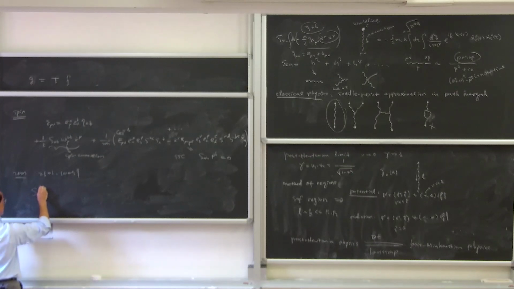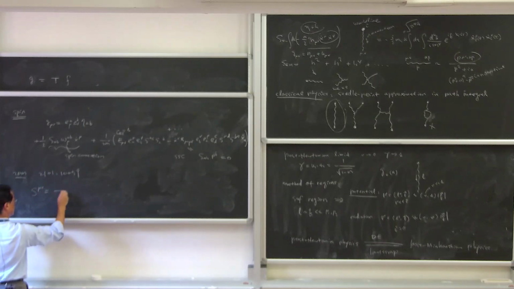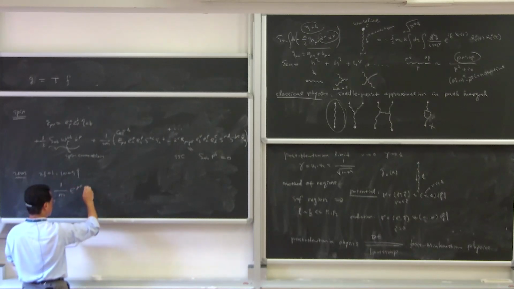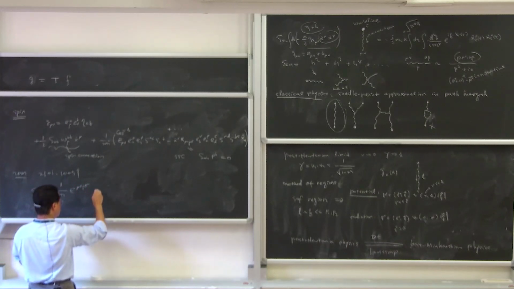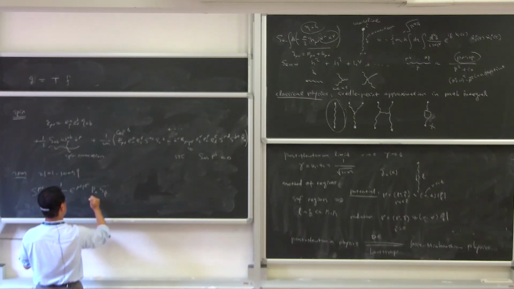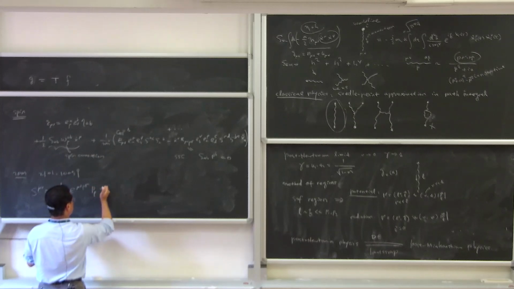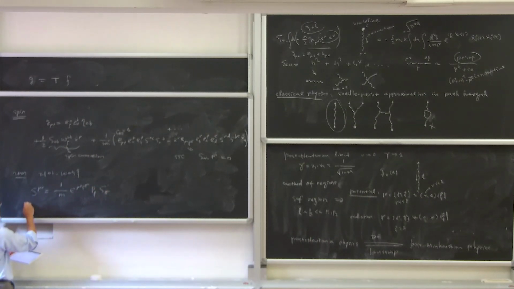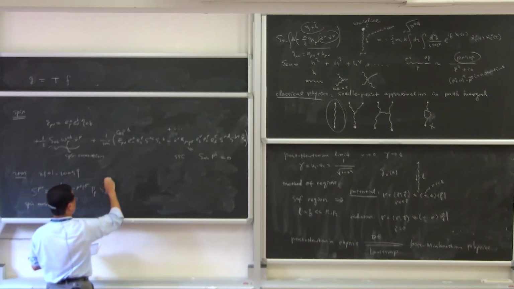This is the spin tensor, and this is the spin vector.